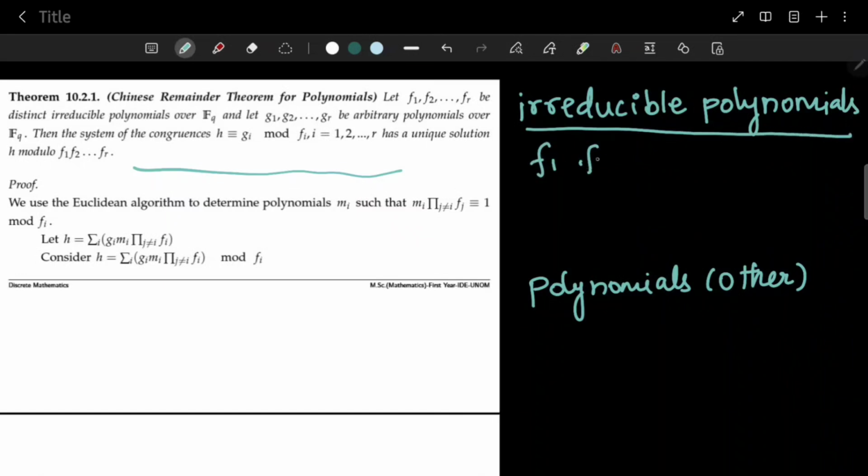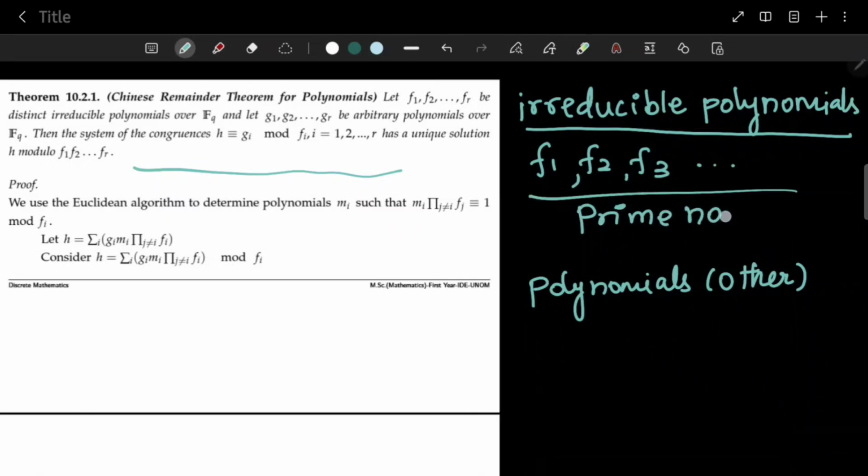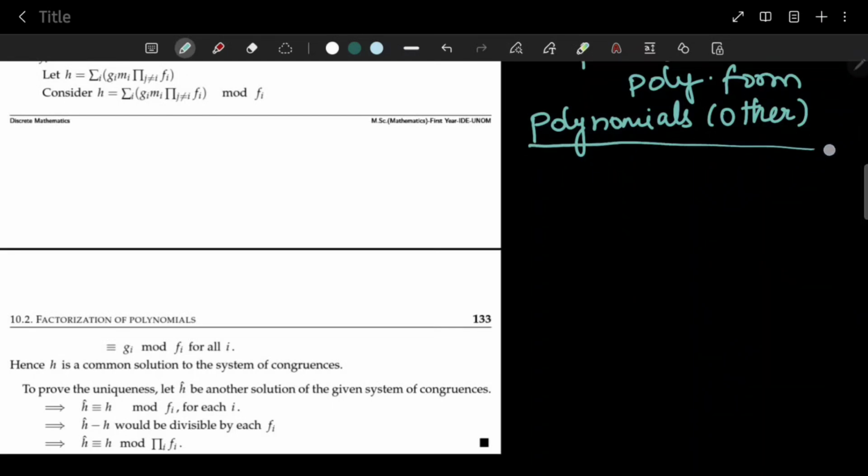That is f1, f2, f3 and so on. And these are like prime numbers in a polynomial form. Next, some other polynomials like g1, g2, g3, etc. are also given, and these are like remainders.